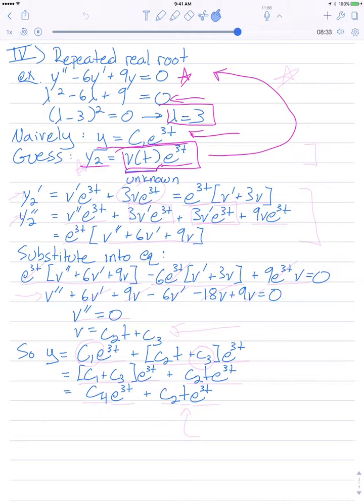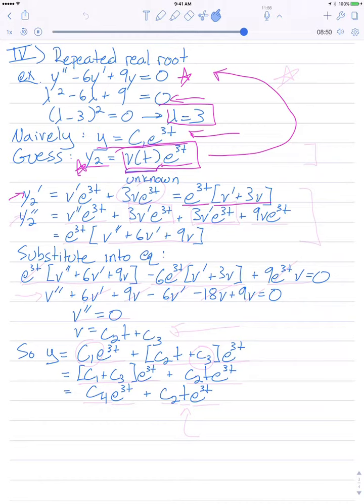So I take my y2 here, and I calculate the derivative, y2 prime, using the product rule, is v prime e to the 3t plus 3v e to the 3t. And I can factor out the exponential and write it as e to the 3t times (v prime plus 3v).